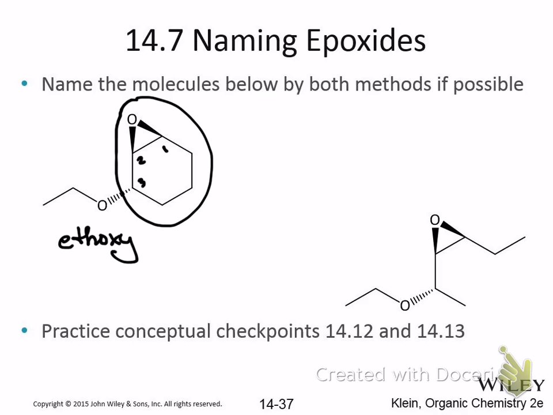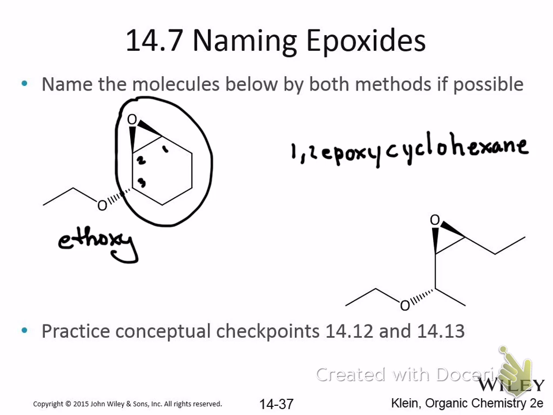So this is, the parent is what? It's 1,2-epoxy, and then cyclohexane. So do we switch over to the other method?